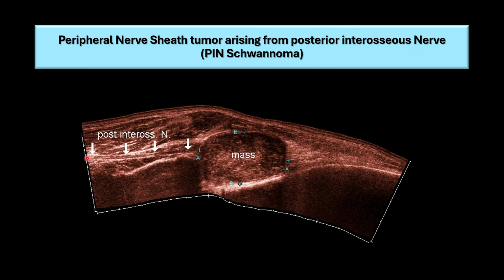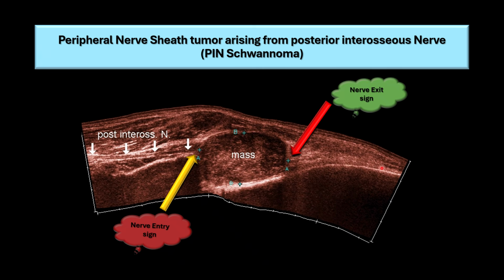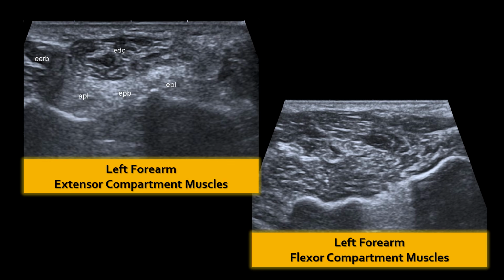We can see this is the posterior interosseous nerve which is seen entering into this mass, which is also called the nerve entry sign, and this is the posterior interosseous nerve exiting from the mass, which is called the nerve exit sign. This is the entire extent of this mass, and so the diagnosis is peripheral nerve sheath tumor arising from the posterior interosseous nerve, and this was in fact proven to be schwannoma on histopathology.